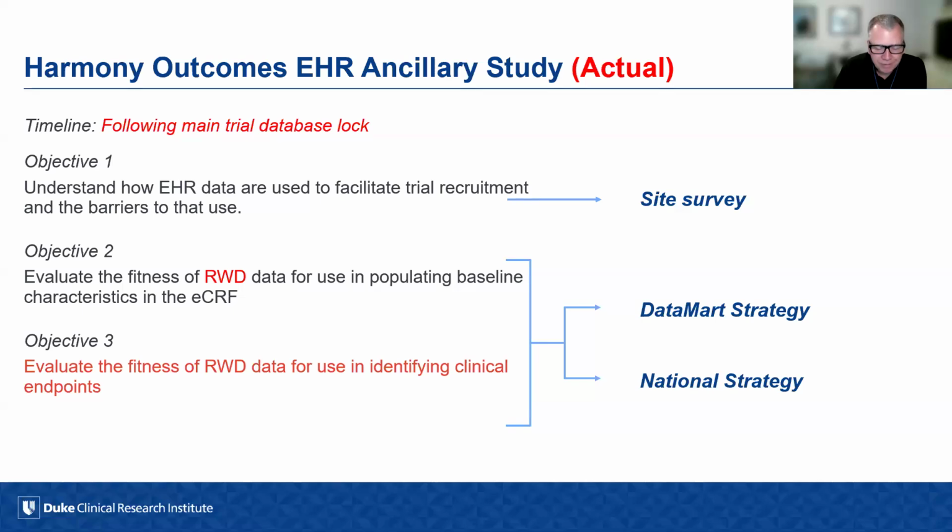But we realized we couldn't easily ask Denmark, who contributed sites, or Sweden or the UK to make a data mart that we would query. So we split things into two different strategies that I'll talk about.